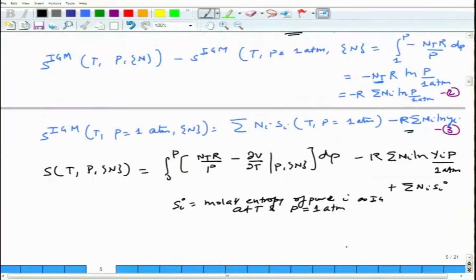Remember that I combined this term and this term to get this term, and this term is nothing but this term. So, this expression plus this expression together gives these two expressions. So, this is a simpler form of the entropy.